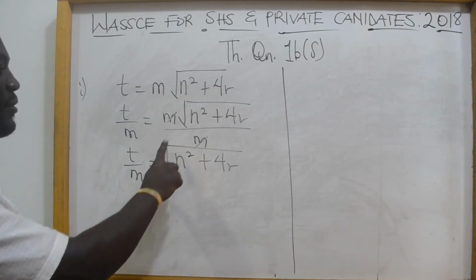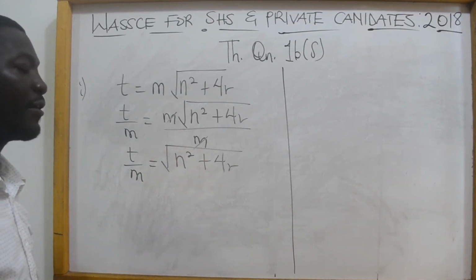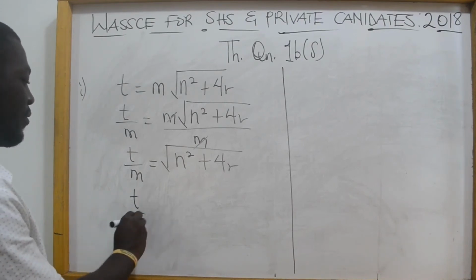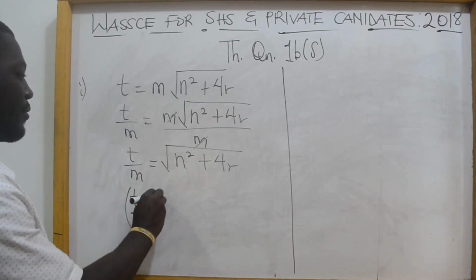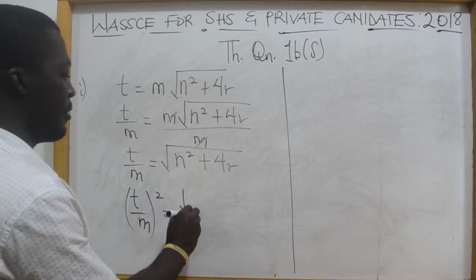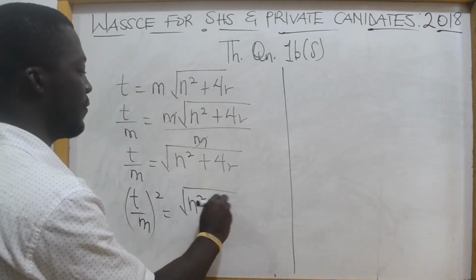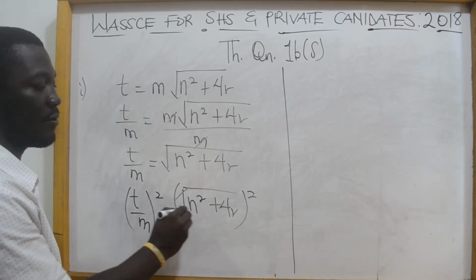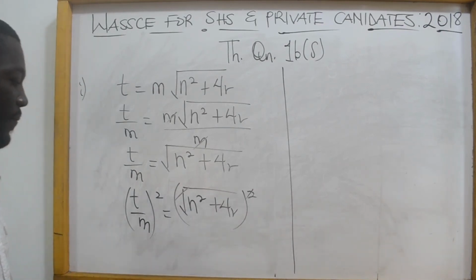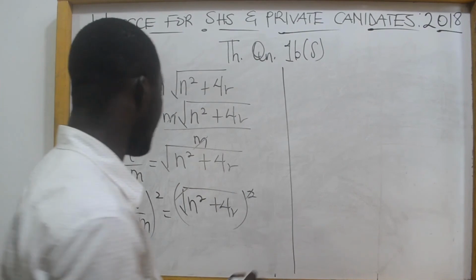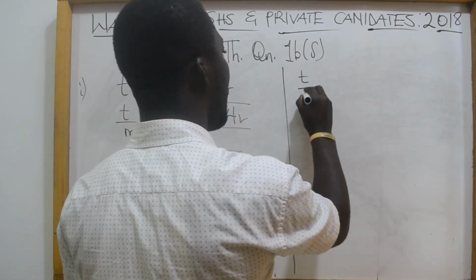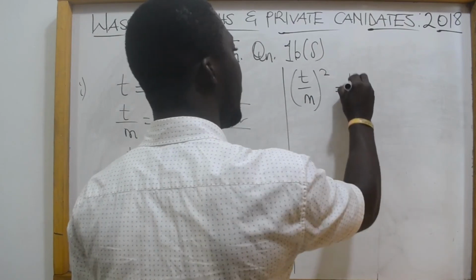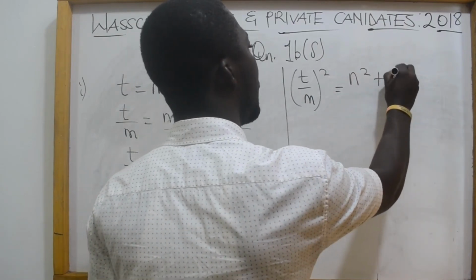Then we have to take care of the square root. To take care of that, we have to square both sides of the equation. We're going to get T over m all squared is equal to the square root of n squared plus 4r all squared. Of course, the square root will take care of the square, and we are going to get T over m squared is equal to n squared plus 4r.